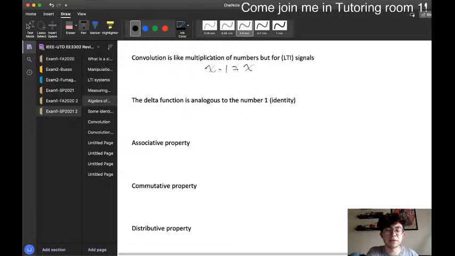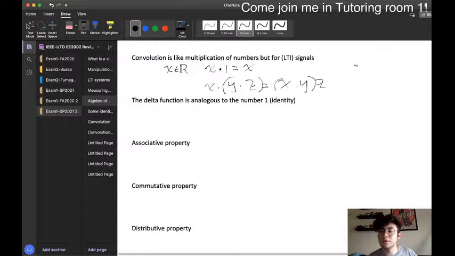If we have some number x and we multiply it times 1, then we get x. If we multiply x, y, and z, it doesn't matter which order we do it. We can switch parentheses around, and we can flip the numbers.